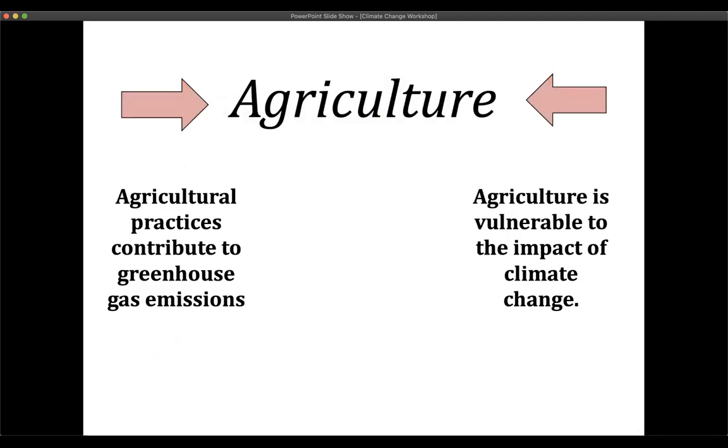If we really spend some time thinking about that, we need to recognize, and this is part of what ag literacy is, understanding where agriculture is in the context of climate change. Agricultural practices do contribute to greenhouse gas emissions. It's important to recognize that. But we also need to recognize that agriculture is vulnerable to the impacts of climate change.